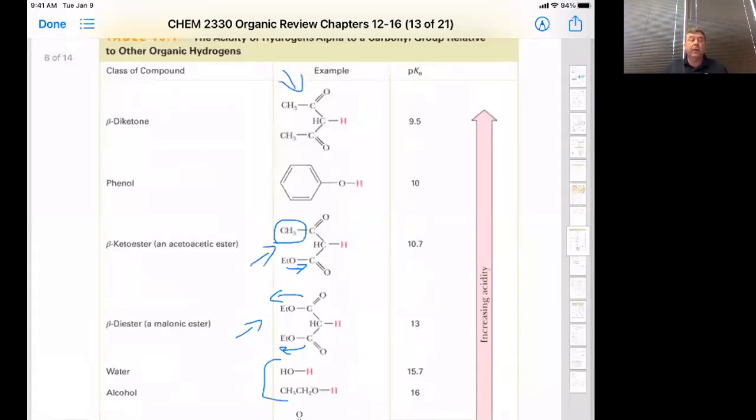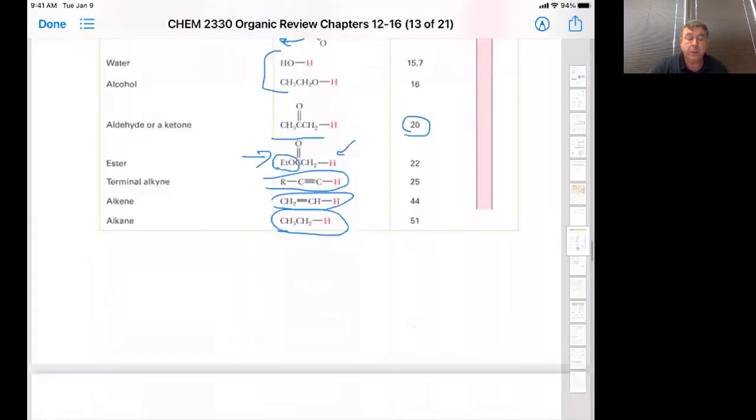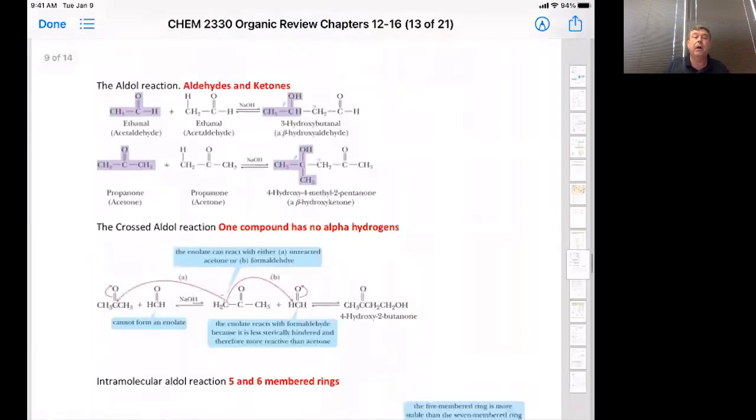Okay, so what can we do once we pull that hydrogen off? Well, we found we had three general classes of reactions, which are the aldol reaction, the Claisen reaction, and then we did the Michael addition. But all of them started with the same thing where we pulled a hydrogen off an alpha carbon.